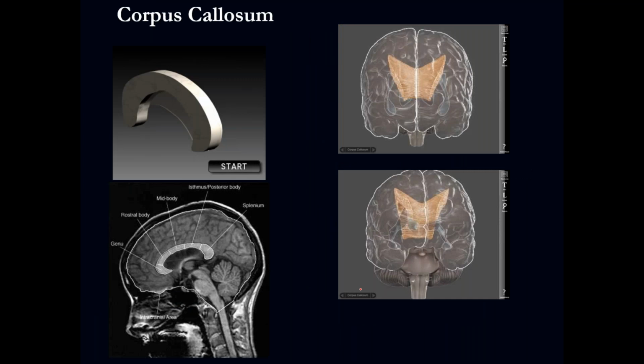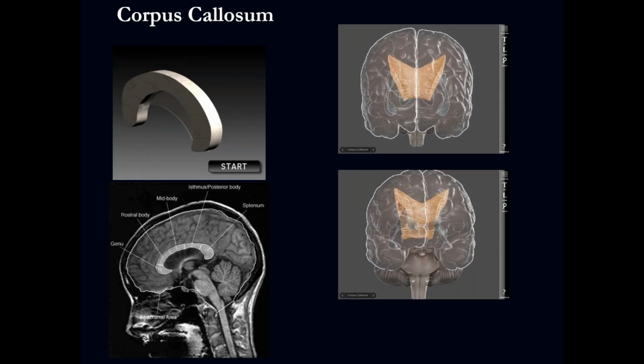All right, so here we have another important structure called the corpus callosum. If you put your finger through the longitudinal fissure of the brain, remember the longitudinal fissure, you put your finger in between, you cannot go farther because you're going to be stopped by this structure.